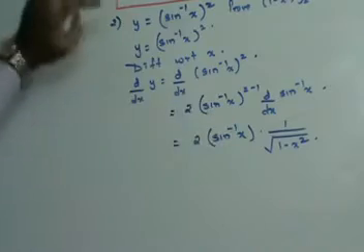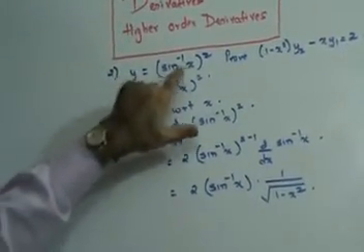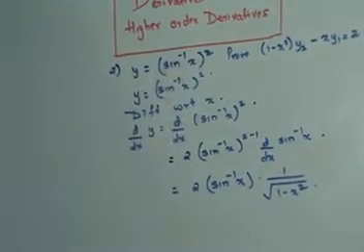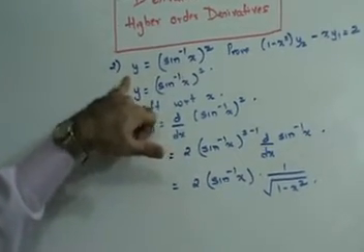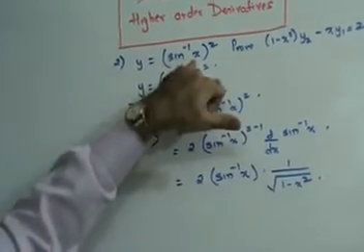Now can you just look at the question, please? The question says that y is equal to (sin⁻¹x)². If I take the square root on both sides, I'll get √y is sin⁻¹x.